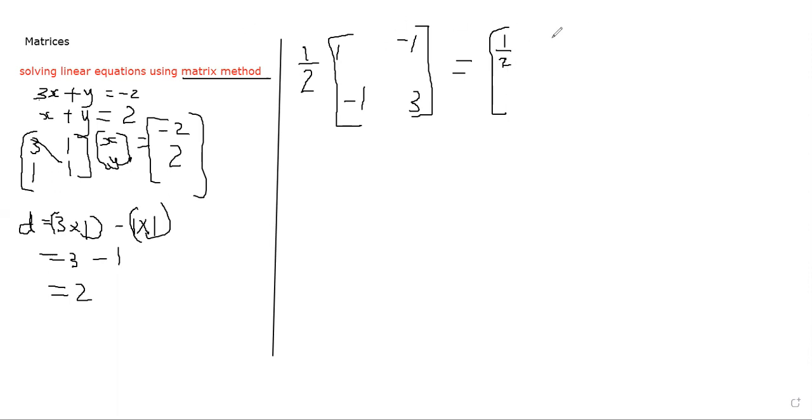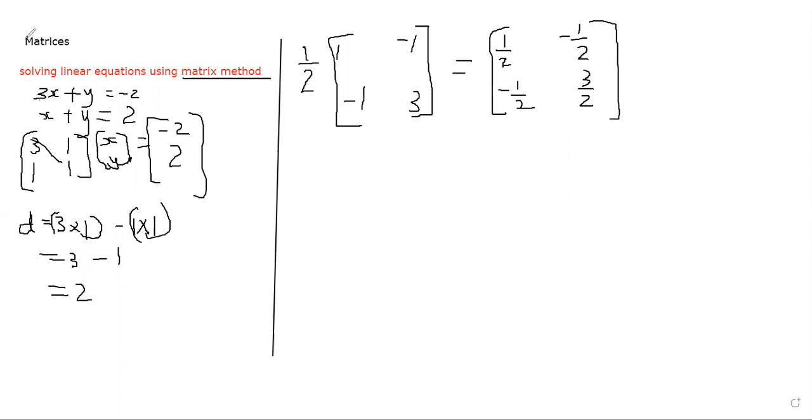Half times the next becomes negative half. Half times 1 becomes negative half. Half times 3 becomes 3/2. So that is the inverse of the matrix. If the question was to find the inverse, we would have stopped there.